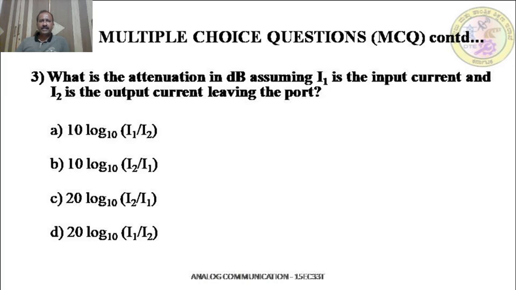For this, correct answer is D, 20 log base 10 I1 by I2. In case of power, this becomes 10. In case of current, 20 log base 10 I1 by I2, or in terms of voltage, 20 log base 10 V1 by V2, where V1, I1 are input voltage and current, and I2, V2 are output current and voltage.